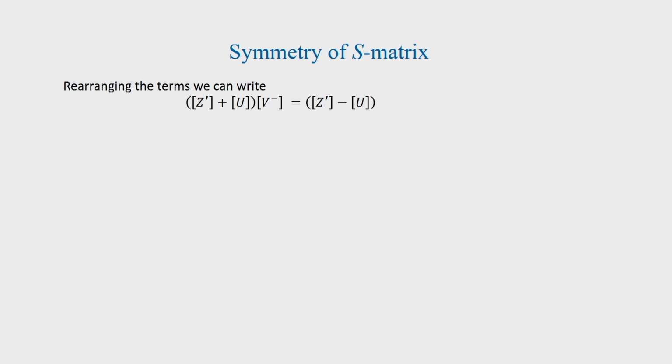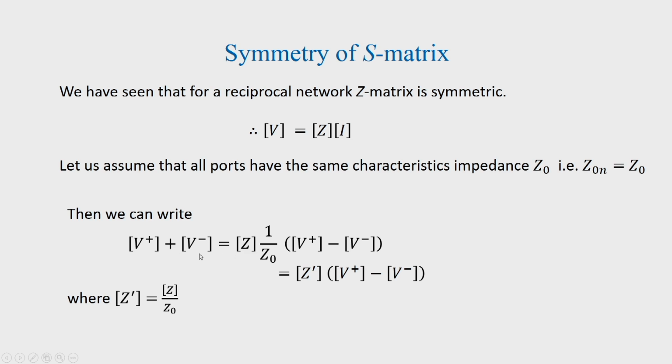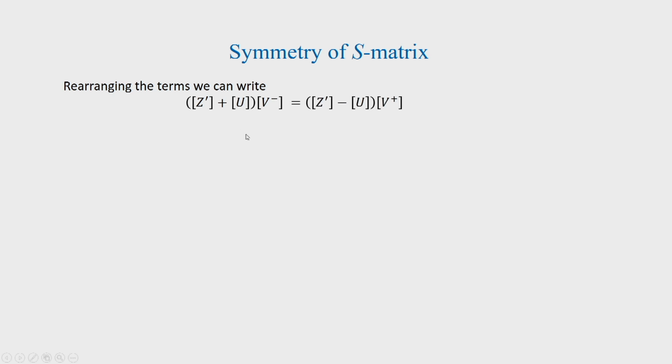So, if we rearrange the terms, that means we take V minus terms on one side and V plus terms on the other side, then we can write this, where U is the unity matrix.